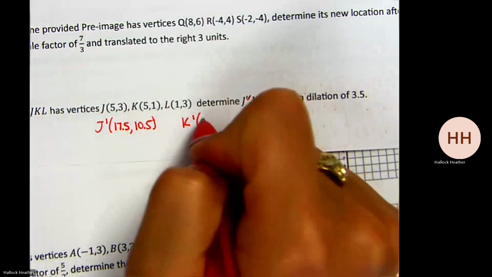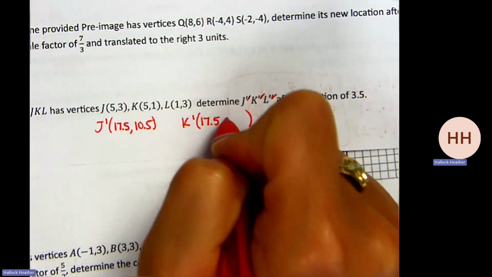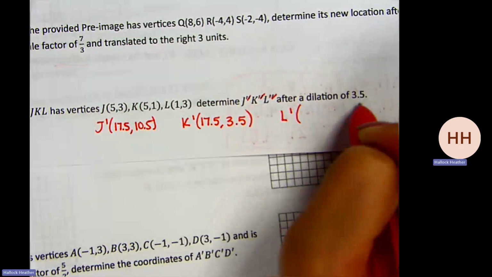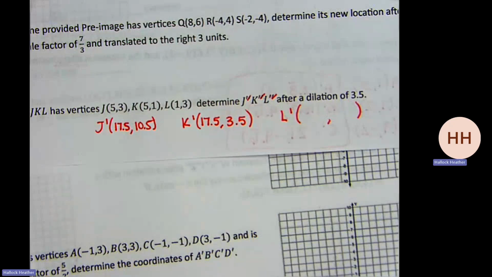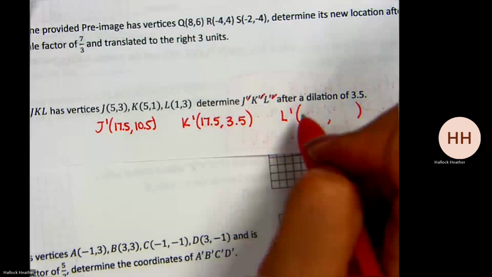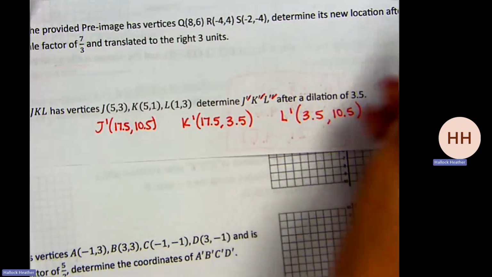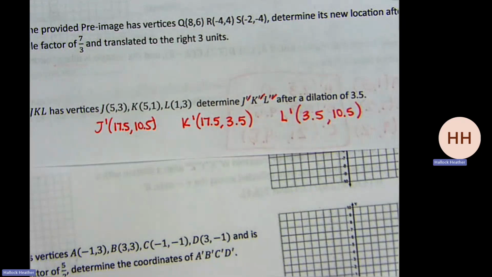So where would K prime end up? 17.5 and 3.5. And then the last one, L prime, it was 1.3. So where does it end up now? 3.5 and 10.5. So all you have to do is multiply by your scale factor.